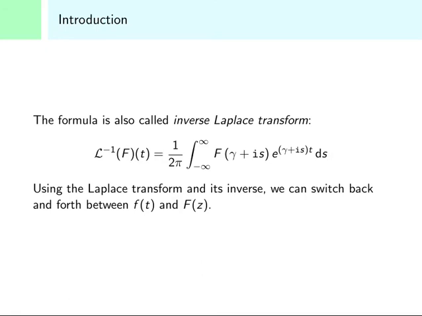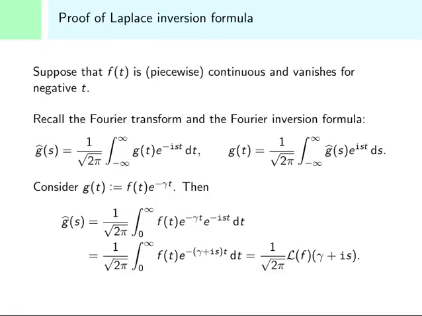Okay, we will prove the Laplace inversion formula. So suppose that f of t is, let's say, piecewise continuous and vanishes for negative t. And let's also recall the Fourier transform and the Fourier inversion formula, on which the Laplace transform will be based.